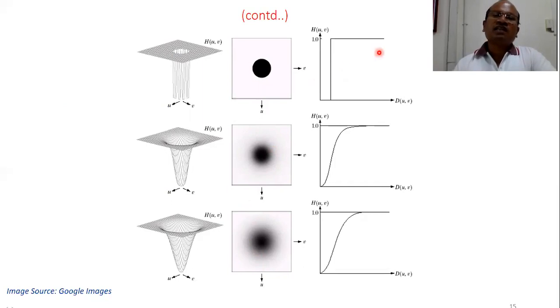Now what you can see in the first diagram is that after a certain cutoff distance, all high frequency contents are allowed. This is ideal. Ideally, before this D0, everything is rejected. That doesn't happen in a practical high pass filter. All low frequency signals are rejected here.